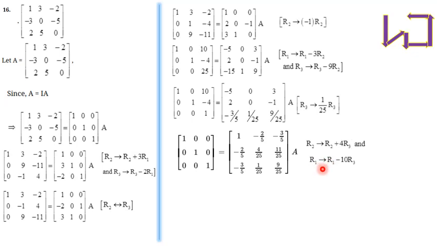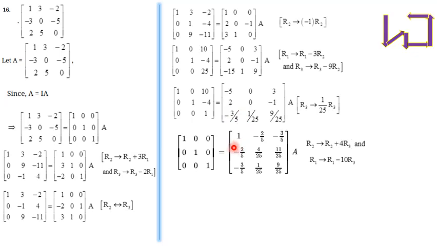Next, again R1 third element, that is R1 minus 10 R3. R1 is 3 minus 10 into 9 by 25. When you do the calculation, you will get minus 3 by 5. Now move on to R2. We have to take R2 plus 4 R3, that is the first element 2 plus 4 into minus 3 by 5.